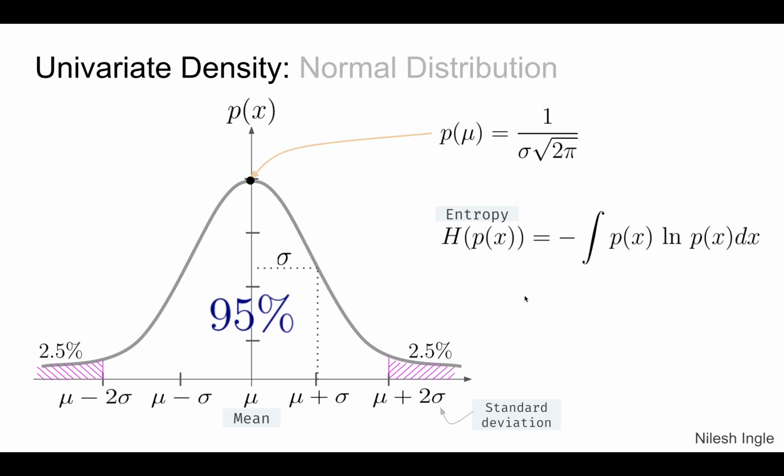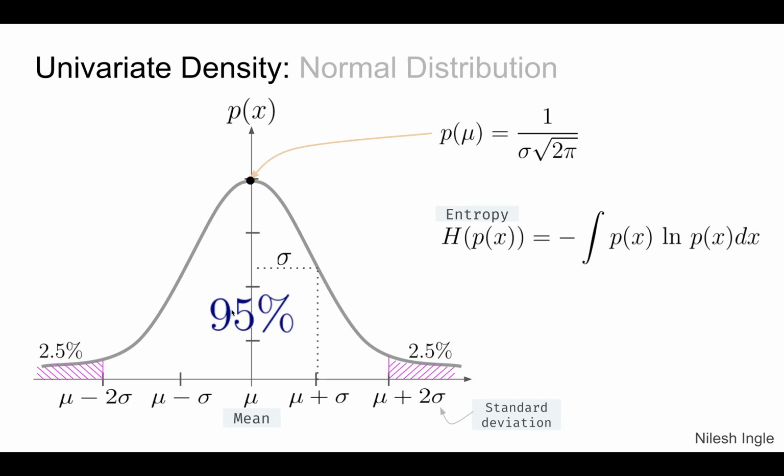And here we have a bell curve, which is the normal distribution. The points to read on this: the magenta colored regions represent 2.5% of the area under the plot, and the rest in the middle is the 95% area.